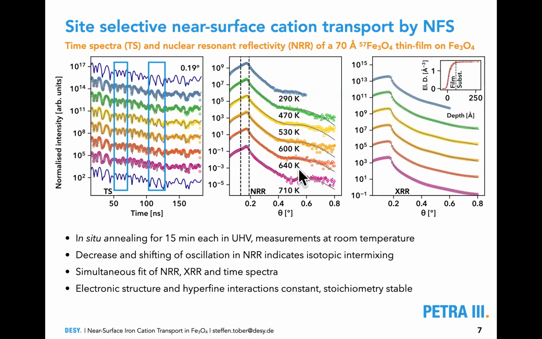The reflectivity shows again that the curve or the oscillation is getting smaller and it's moving towards higher angles. So there is interdiffusion, as in the neutron experiment, starting at 470 Kelvin, while the X-ray reflectivity, which is not sensitive to the isotopes, is basically constant, showing that there is more or less no change in the structure.